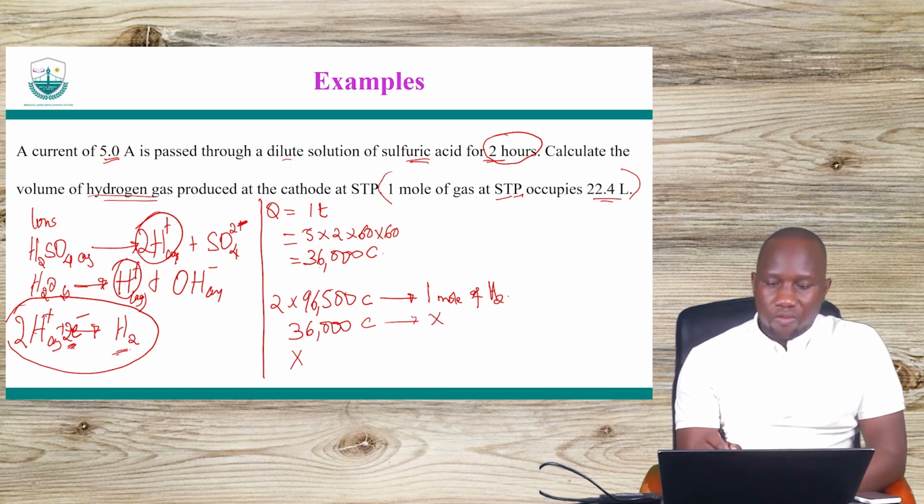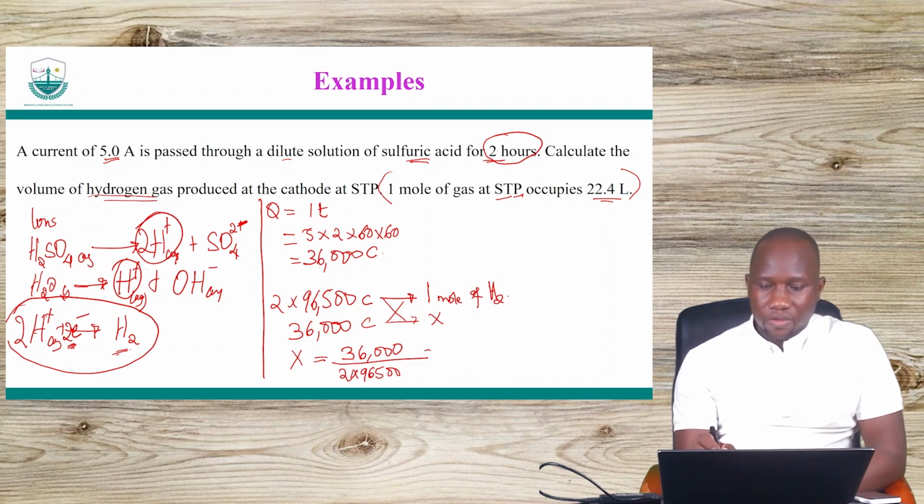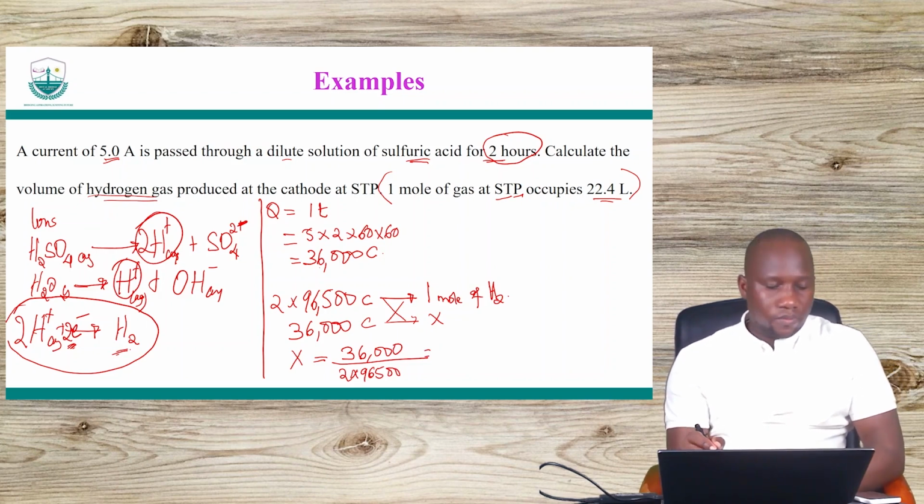So if you cross multiply, that x will be 36,000 divided by 2 times 96,500, like that. So this will be the number of moles.